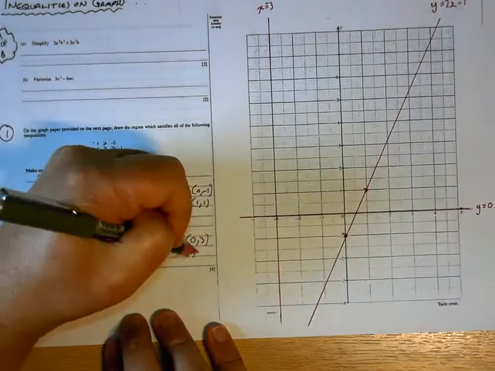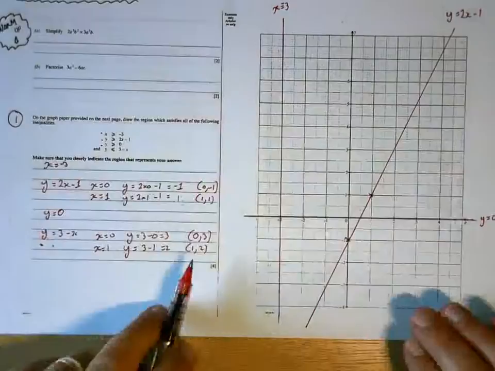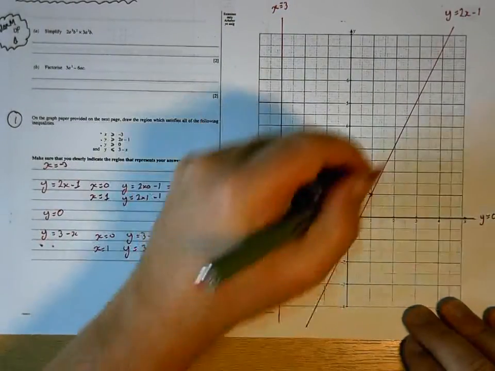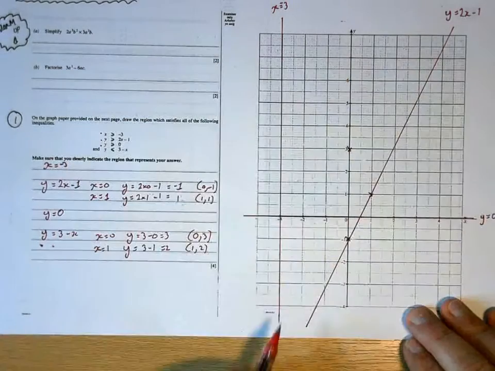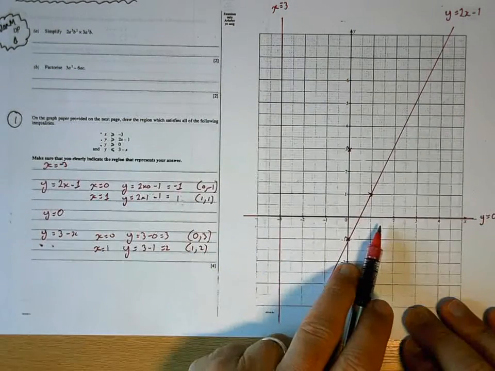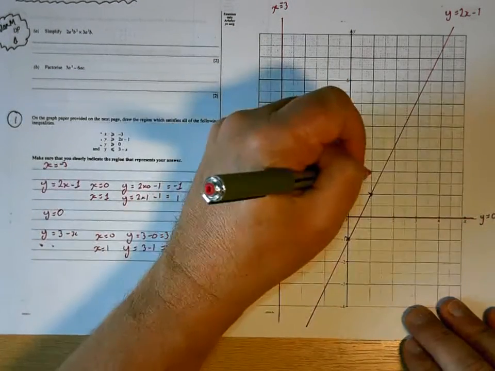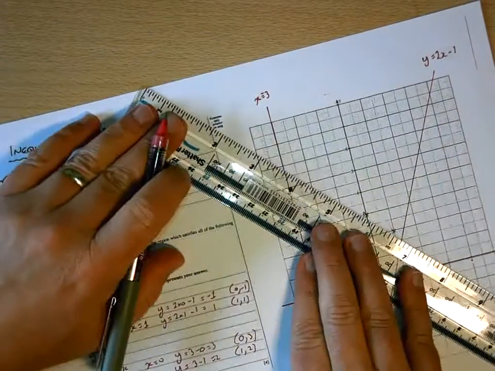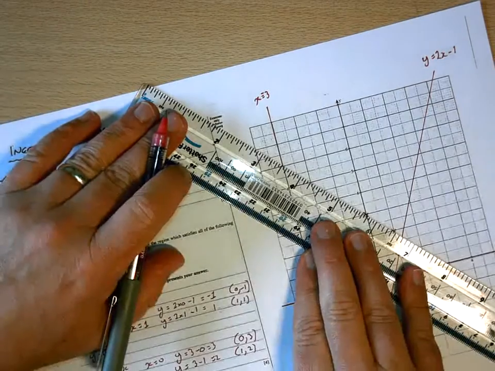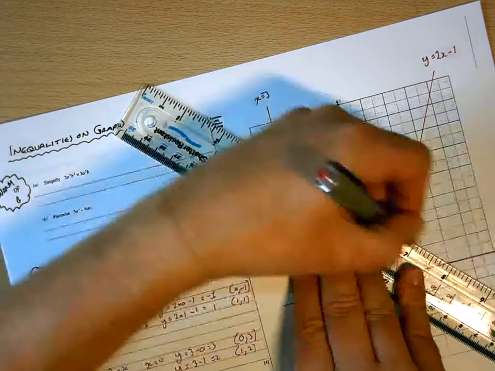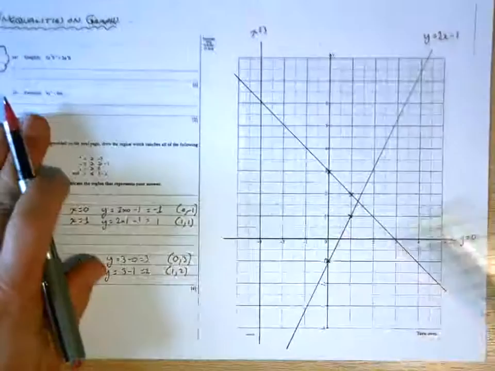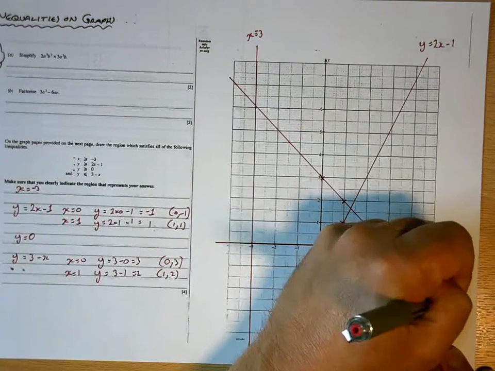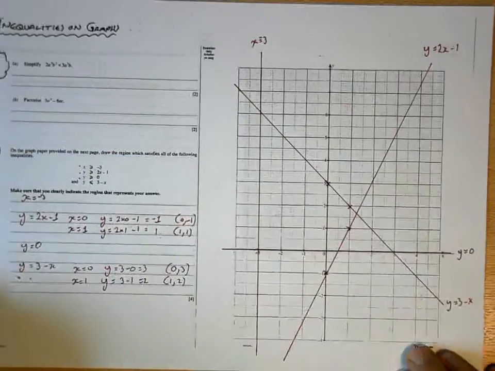So that gives us the coordinate 1, 2. So 0, 3 is that point, and 1, 2 is that point, which then gets us to draw the final line on our diagram, which goes like that. So that's y equals 3 minus x.